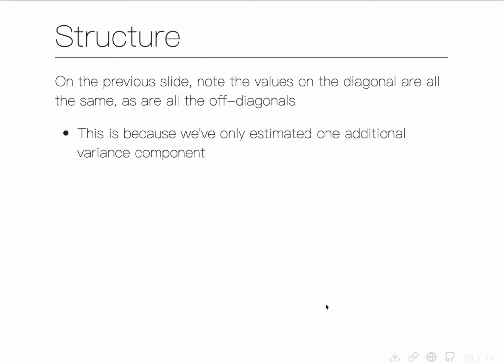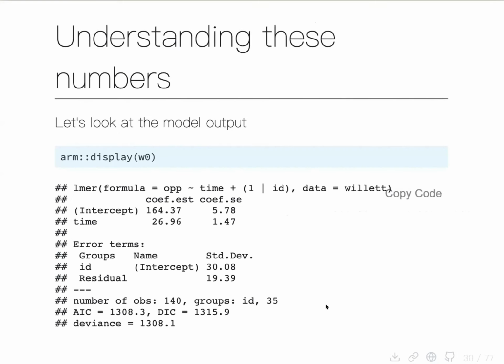This is because we've only estimated one additional variance component. So rather than just having sigma, we're estimating that plus residual variance in the intercept, and so we have two variance components, which we can put together like this. So let's look at this a little bit closer.